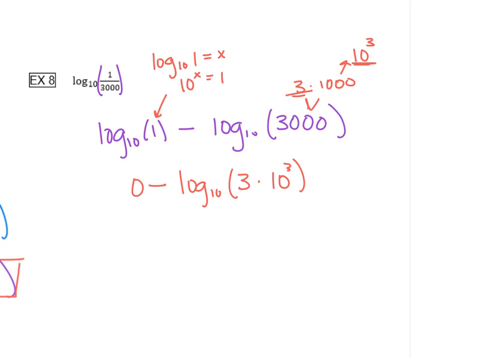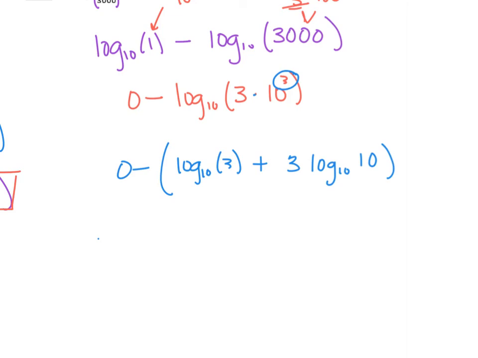Alright, so we have 0 minus, and I'm going to throw all this in parentheses. Log base 10 of 3, because of that multiplication right there, this is an addition, plus, and then I know it's going to be log base 10 of 10 to the third power. I'm going to go ahead and take care of that 3 right now and throw it out front, if that's okay with you guys.